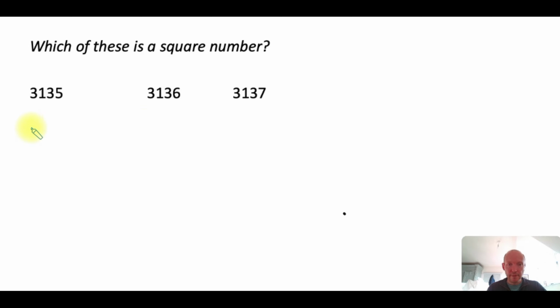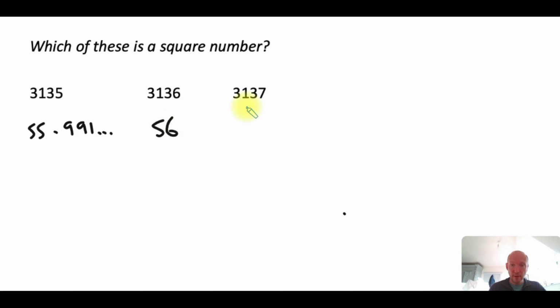Okay, so I got the square root of 3135 to be 55.991, blah, blah, blah. Now, I could write more there, but frankly, that's enough. That tells me this is definitely not a square number. It's not the result of multiplying something by itself. The square root of 3136, on the other hand, is 56.